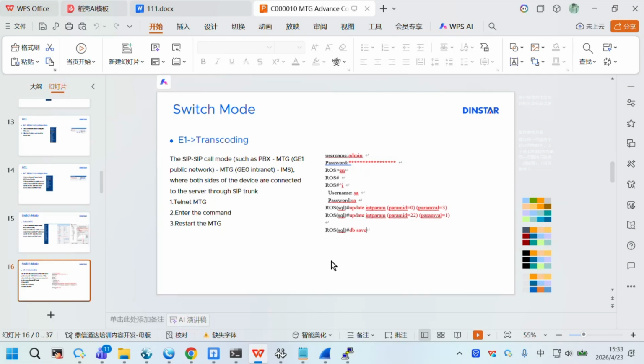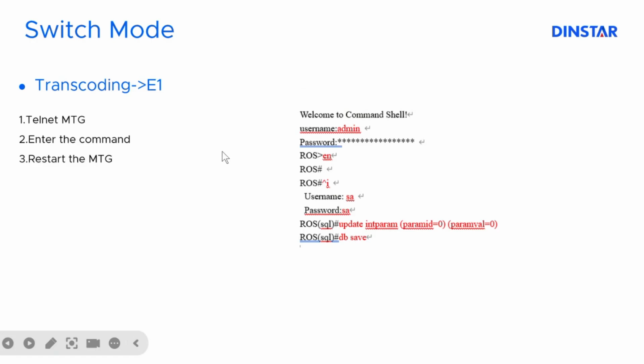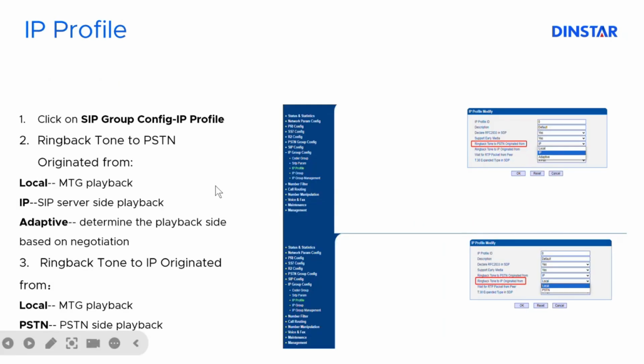Okay, let's move to the next part. And for transcoding to E1, we just need to update this parameter to 0, like before, right?